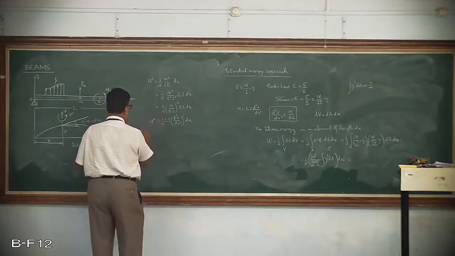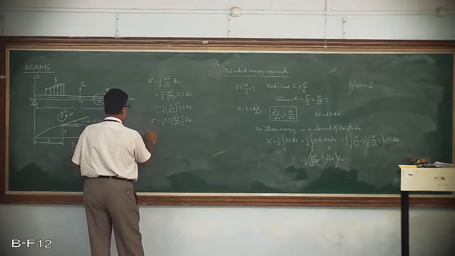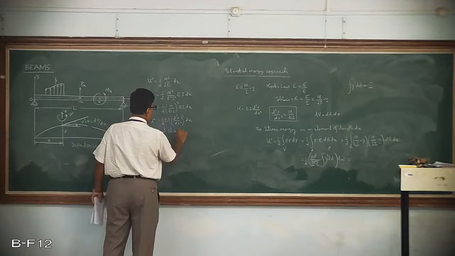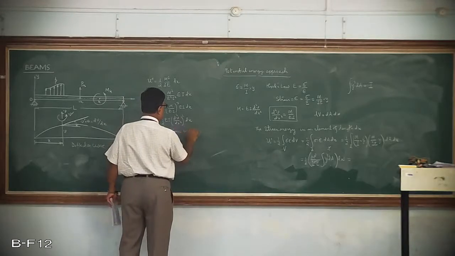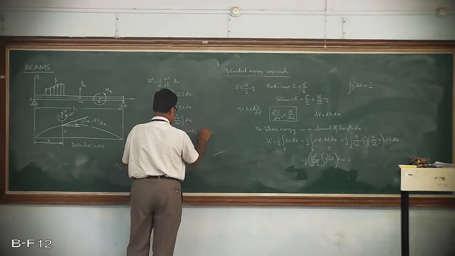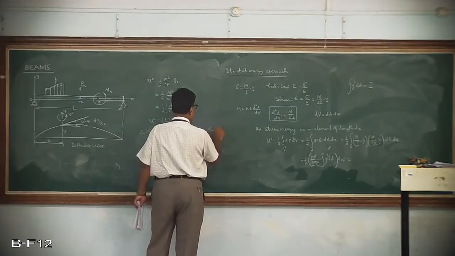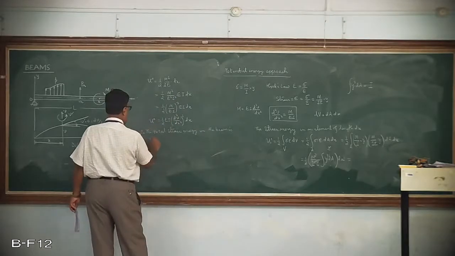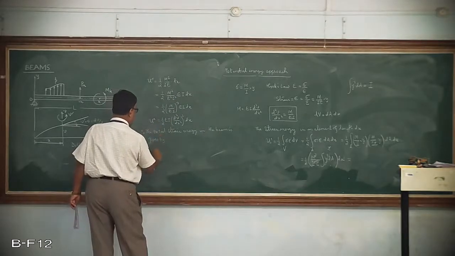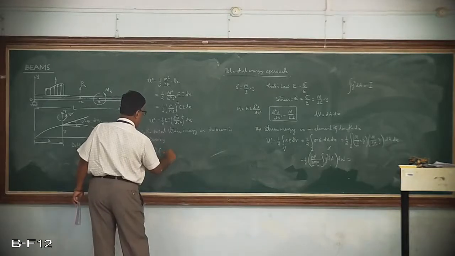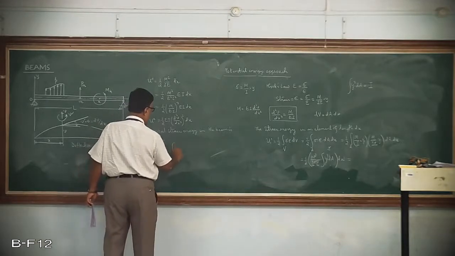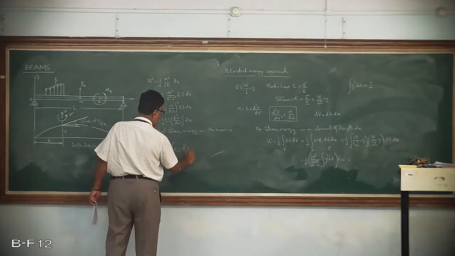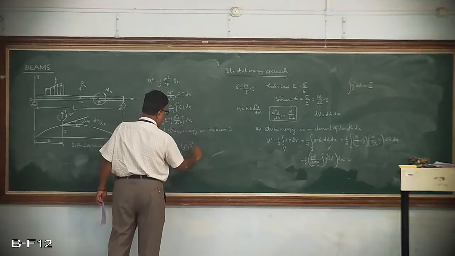Now therefore, if I want the total strain energy in the entire beam, it is given by the integration of EI into (d²v/dx²) whole squared into dx.